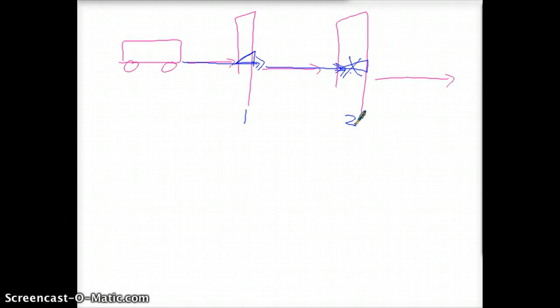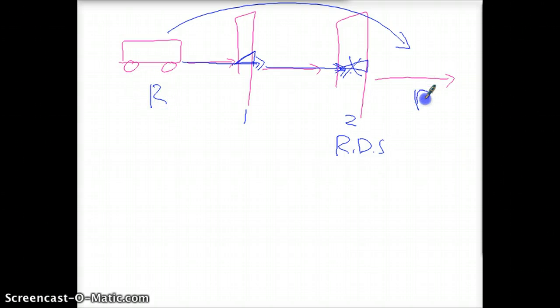So here, the rate-determining step, the thing that's preventing you from going from one side to the other, or the thing that's affecting your speed the most, is the second gate. So this is like the rate-determining step. If we want to go from the reactant side of the bridge to the product side, the first step doesn't matter at all because this gate's working totally normally. It's a very fast step.